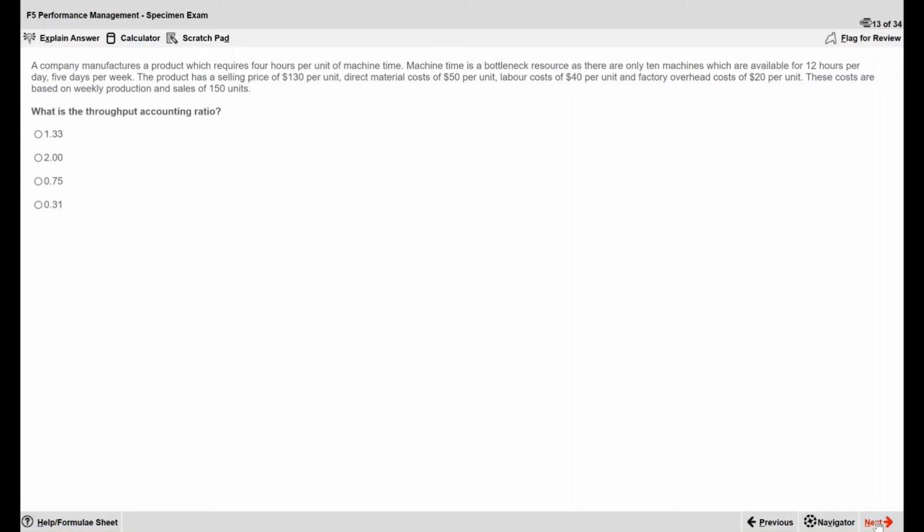The product has a selling price of $130 per unit, direct material cost of $50 per unit, labor cost of $40 per unit, and factory overheads of $20 per unit. These costs are based on weekly production and sales of 150 units.